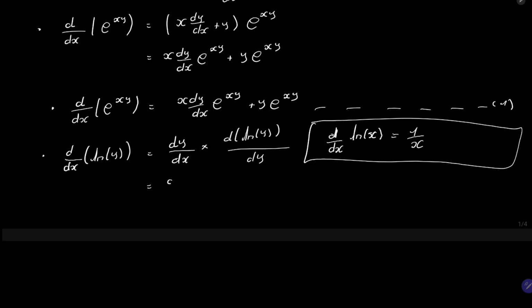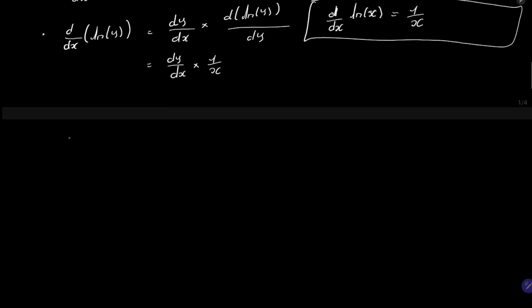So this gives us dy on the x times 1 on x. So we can conclude that the derivative with respect to x of our term ln y is 1 on x times dy on the x. We are going to label this equation 2.